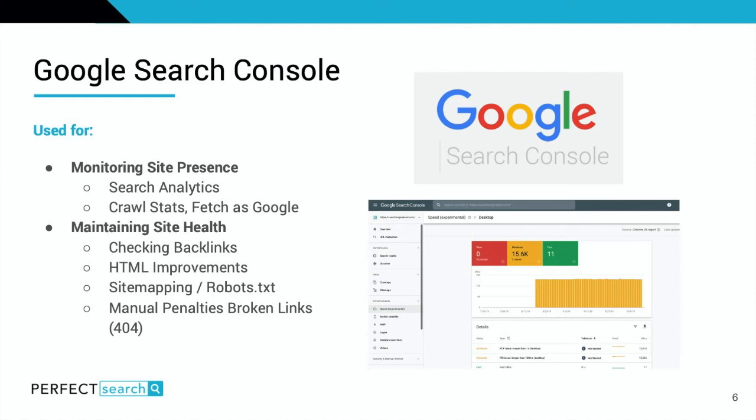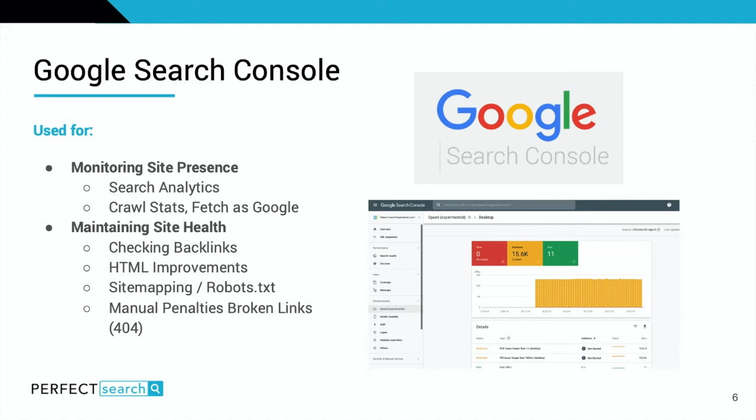For example, it'll give you clicks, impressions, and the click-through rate of different pages on your website, whereas Google Analytics will only give you visits. There is a way to integrate the two of them so that the Google Search Console data shows up in Google Analytics, but it's not necessary. You can just look at the two platforms separately.